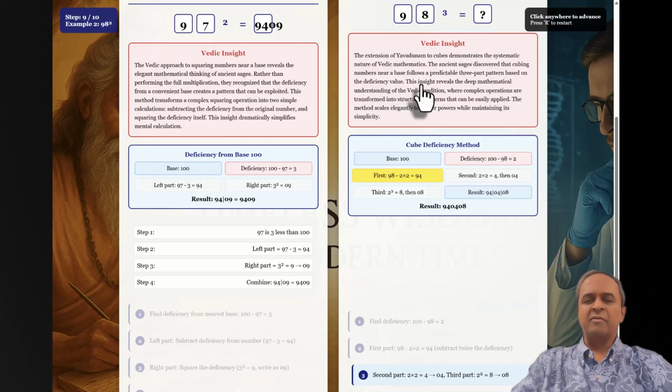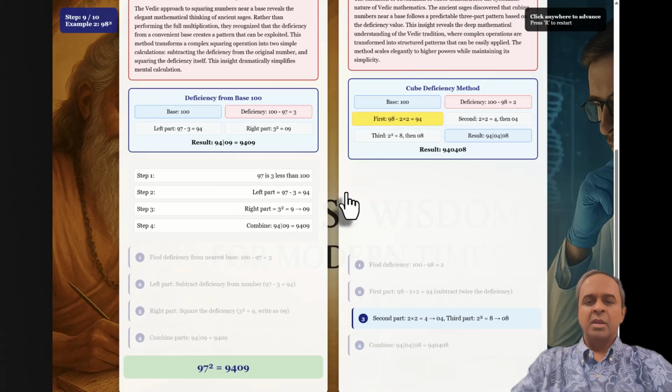This insight reveals the deep mathematical understanding of the Vedic traditions, where complex operations are transformed into structured patterns that can be easily applied. This method scales elegantly even for higher powers while maintaining its simplicity.